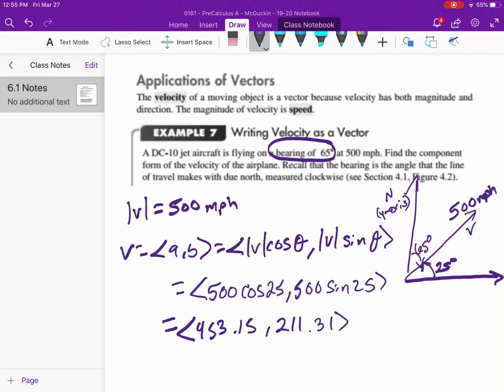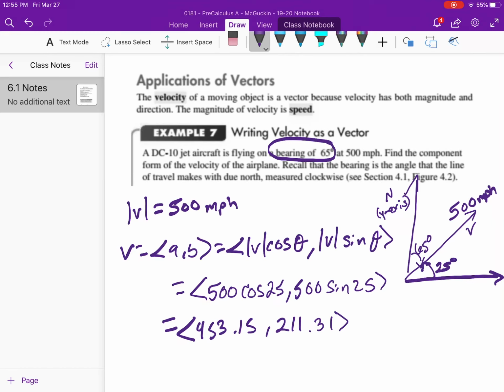So really what that shows is that the airplane is traveling at about 453 miles per hour eastward and about 211 miles per hour northward, and that combines to 500 miles per hour at a bearing of 65 degrees. That's what the combination ended up being.